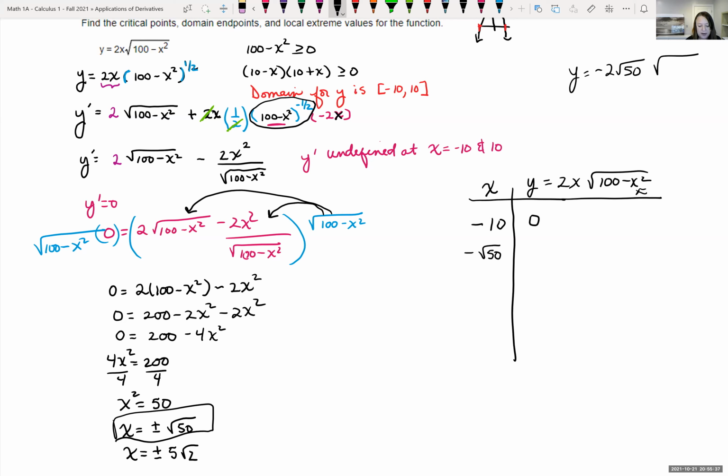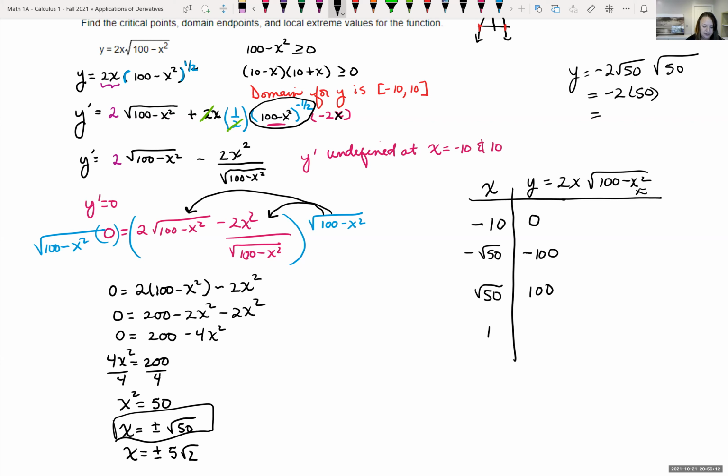So that's 100 minus 50, which is 50. That's nice. So we have -2 root 50 times root 50, which is 50. So this gives me -100. If I plug in positive root 50, underneath the radical, again, I get 100 minus 50, which is 50. And so we get 2 root 50 times root 50, which is 2 times 50, which is 100.